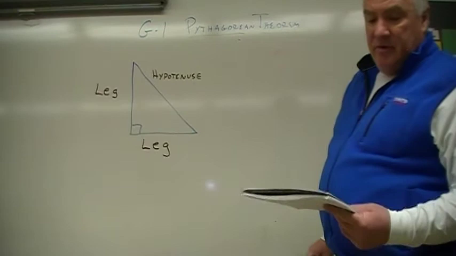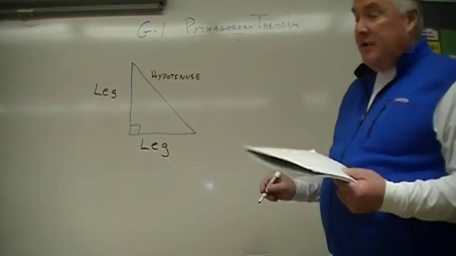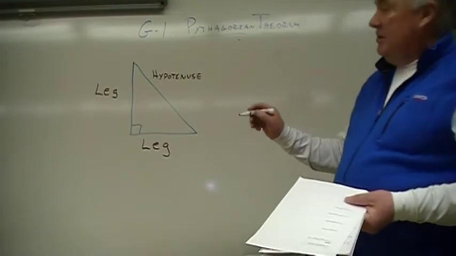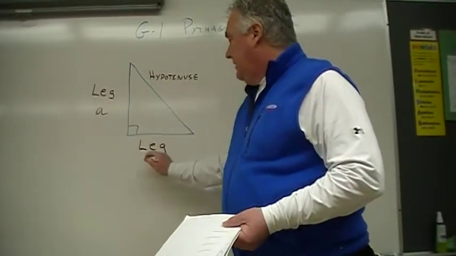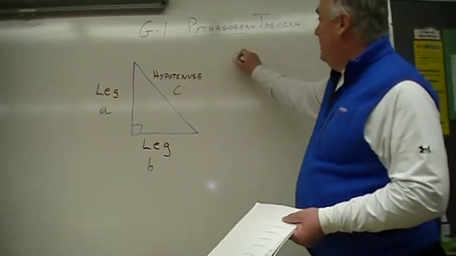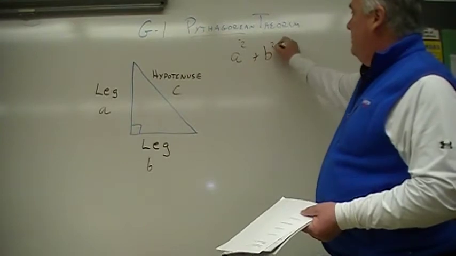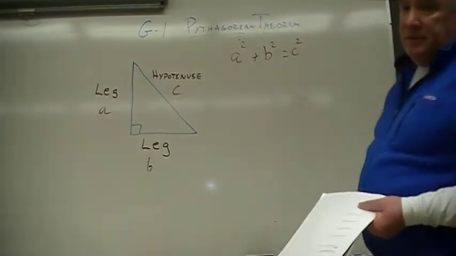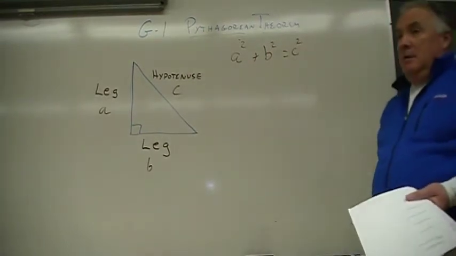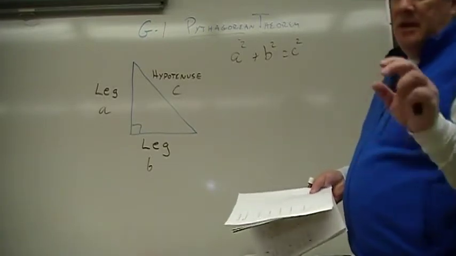So now we're going to move to section 2, which is Pythagorean Theorem itself. And you remember most commonly that if this is A, B, and C, that the Pythagorean Theorem is A squared plus B squared equals C squared. I know one of you in here has that.